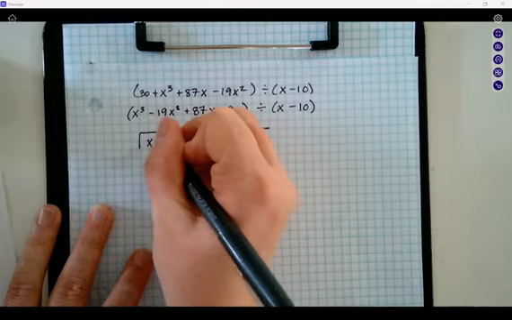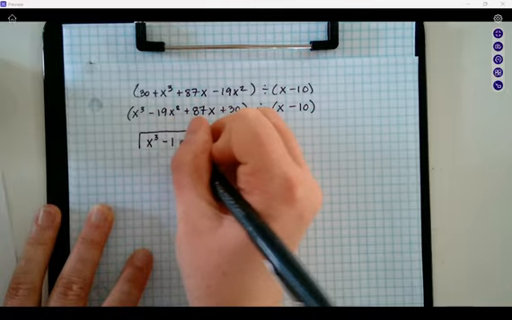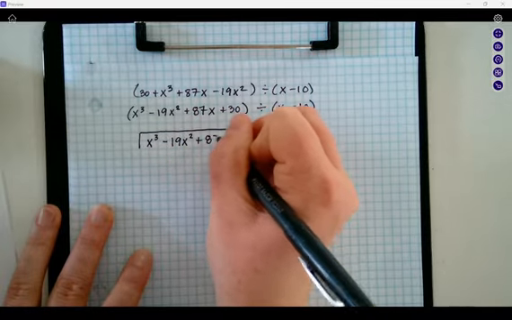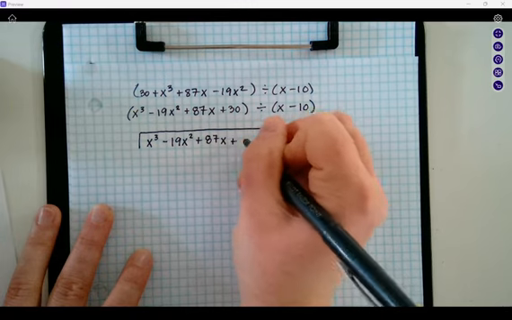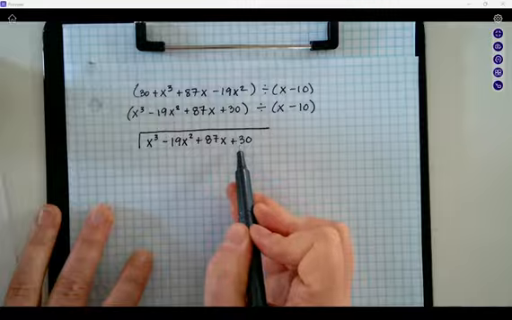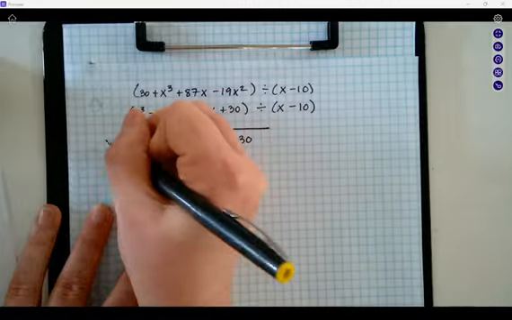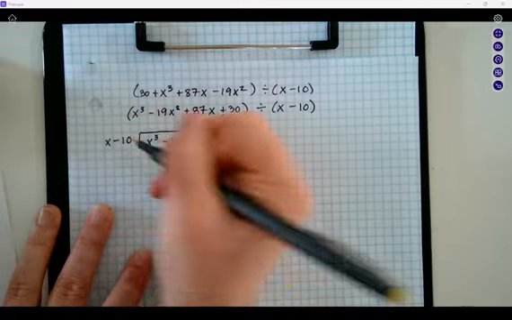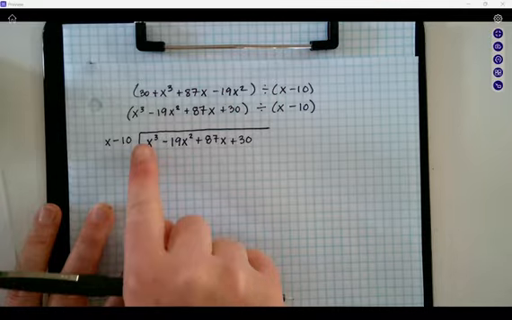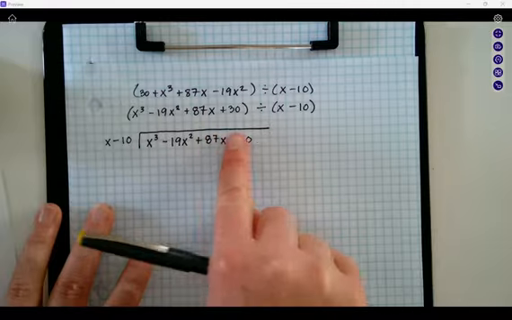So I've got x cubed minus 19x squared plus 87x plus 30. This dividend is going to be divided by the divisor, x minus 10. I am going to take the scratch work method so that you can see the math to justify where each part of the quotient is coming from.